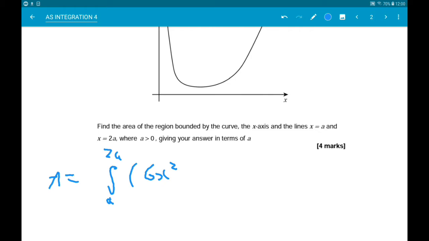Now that we're going to write as 8x to the minus 2. And that is with respect to x.